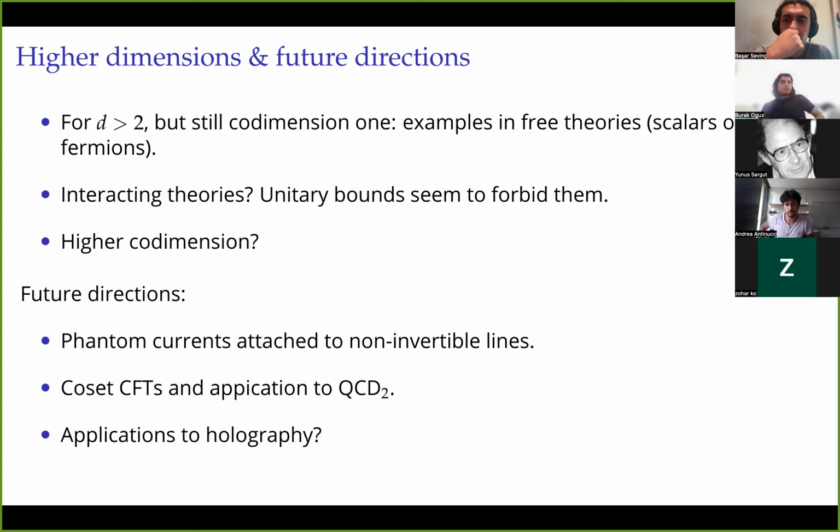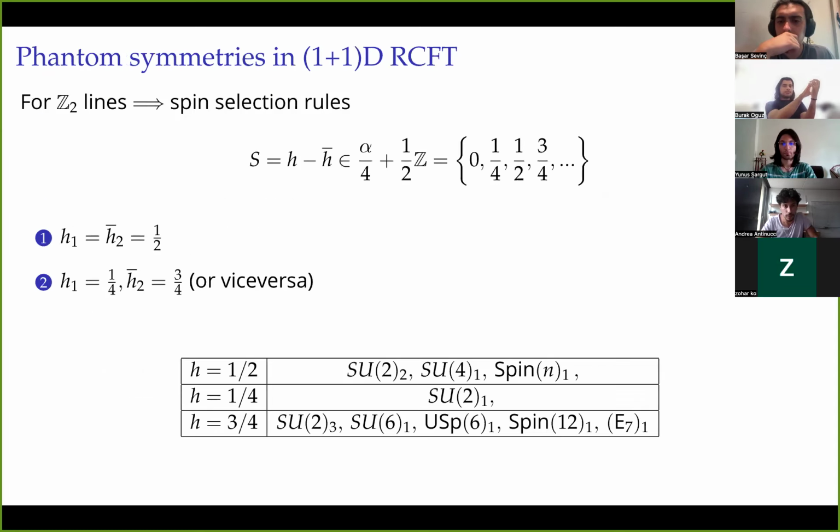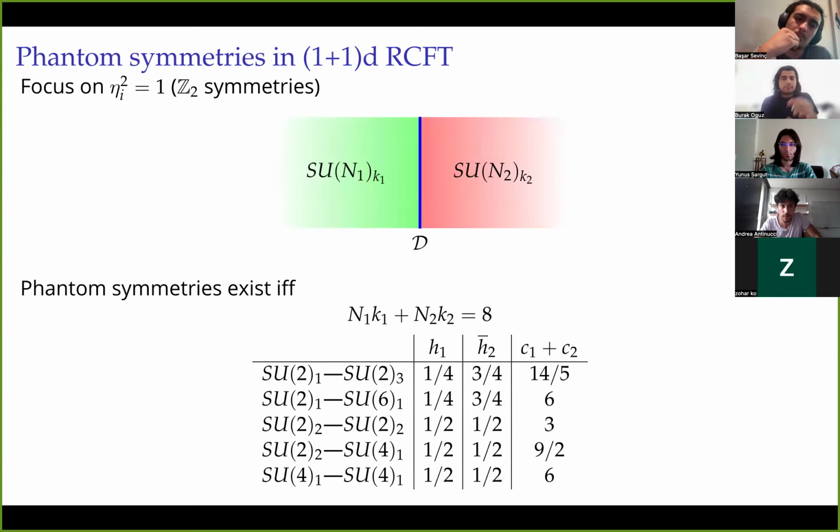So I didn't quite follow, but you were considering these two SU(2) WZW models, and then you were folding, and you said you were getting some non-abelian symmetries, right? Are these symmetries non-invertible? Sorry, which case are you talking about? Yeah, this diagram, when you fold this. No, in this case, you don't get a non-abelian symmetry.